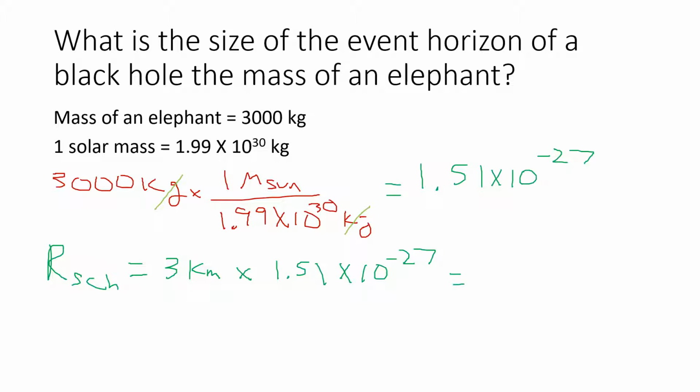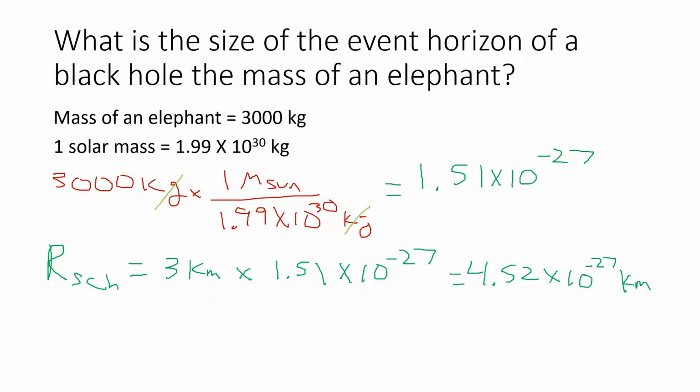So now take the answer we got before, multiply it by 3, and we end up with the event horizon for this elephant-massed black hole to be 4.52 times 10 to the negative 27 kilometers, which is really freaking tiny. It's tinier than the size of the atom.